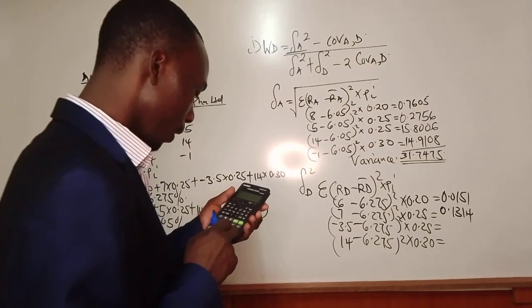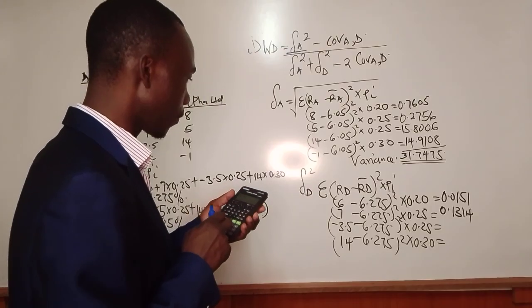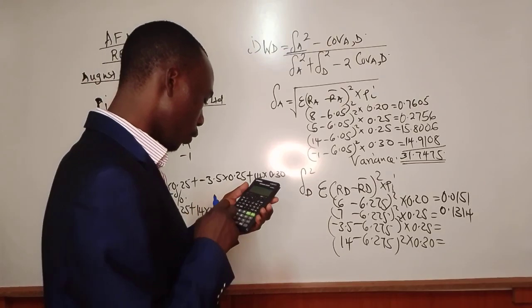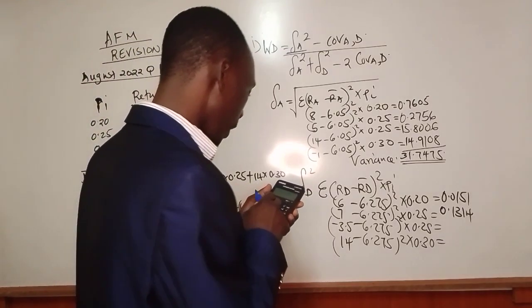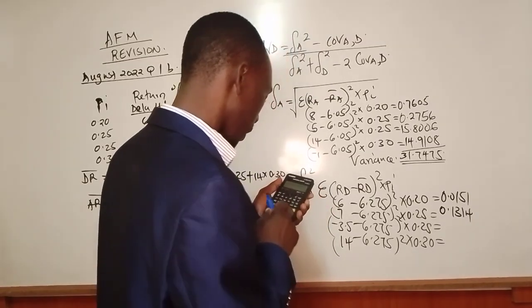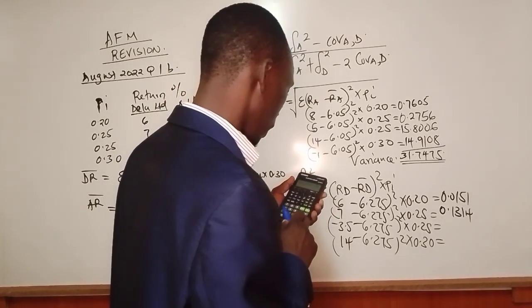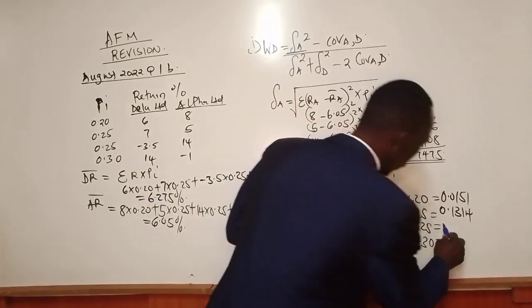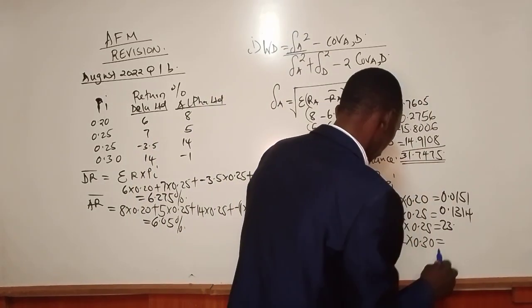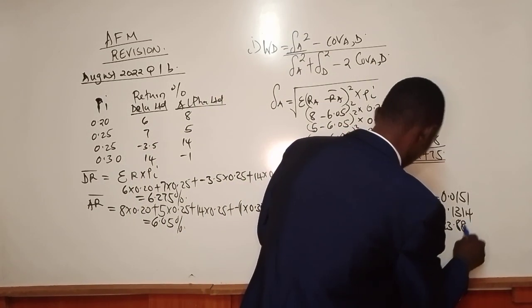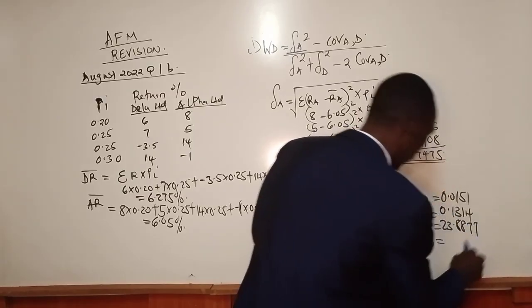Next one is minus 3.5 minus 6.275, then you square times 0.25. In this case, you are going to get 23.8877.